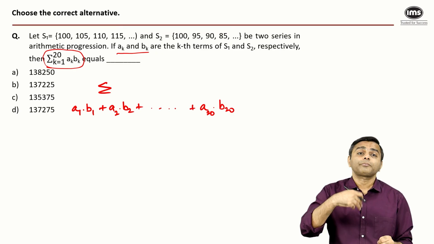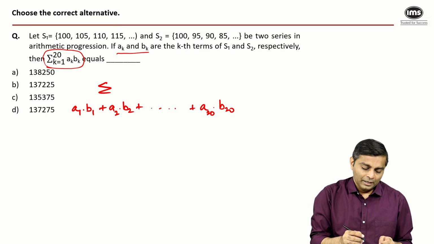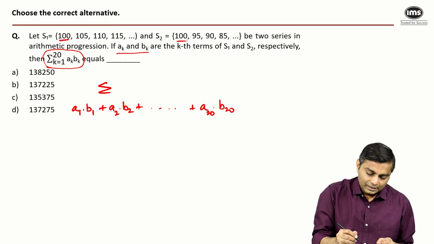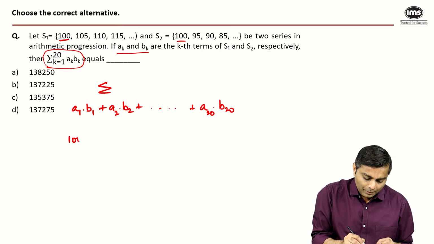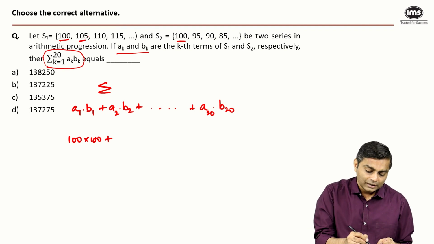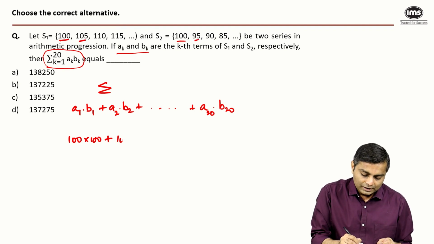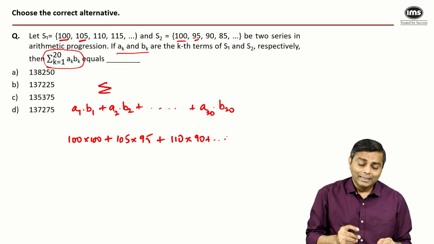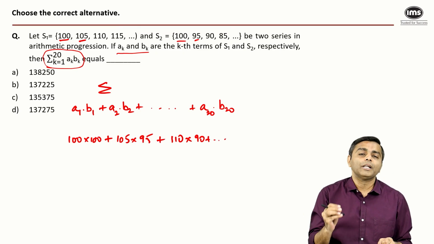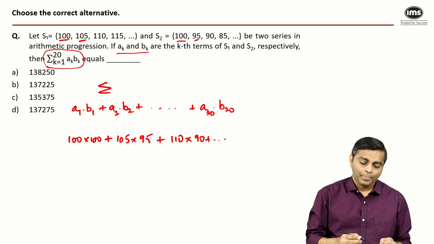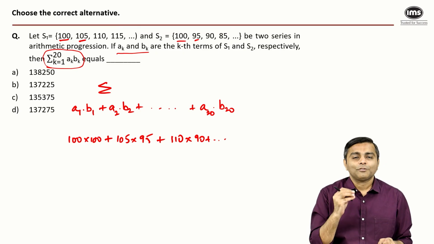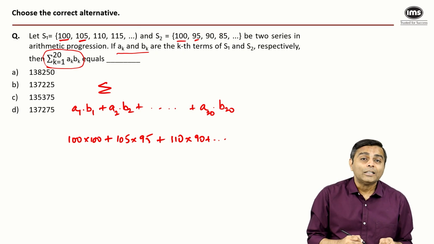Okay, very simply. Now let's see who is A1 and B1. A1 is this, B1 is this, which means my first term becomes 100 into 100. Second term A2 is this, B2 is this. So 105 times 95 plus 110 times 90 plus so on till the 20th term. Can you guess what will be the 20th term in S2?